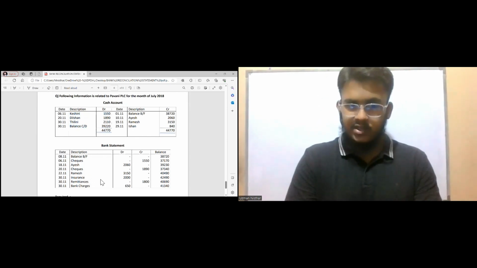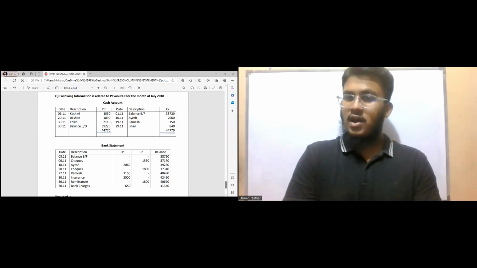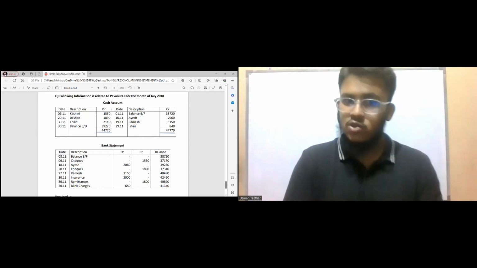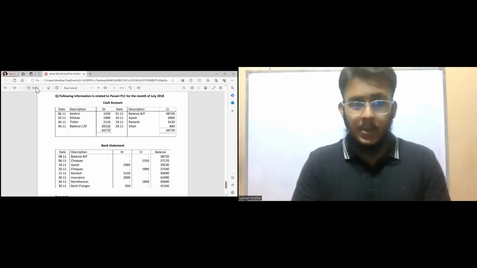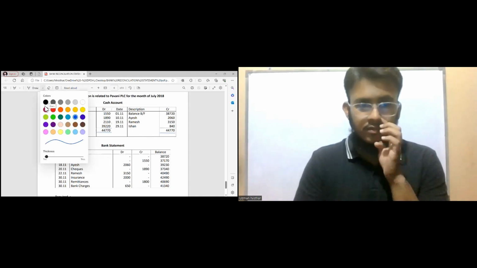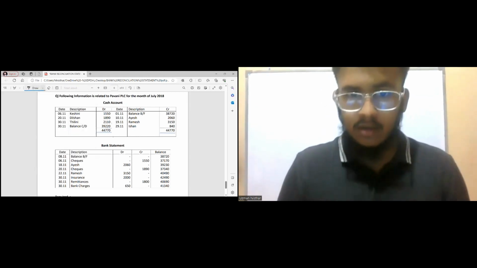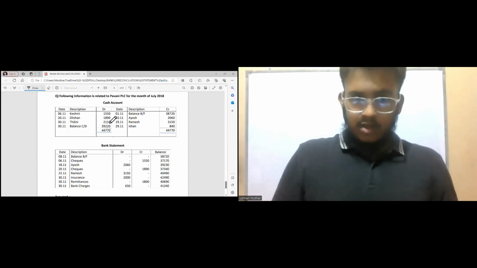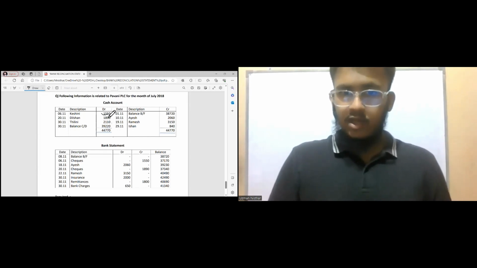For example, some transaction included in the bank statement won't be there in the cash account or bank account. So we should check and we should mark those transactions. Okay, let's take this now. 1550. I'm looking through this.